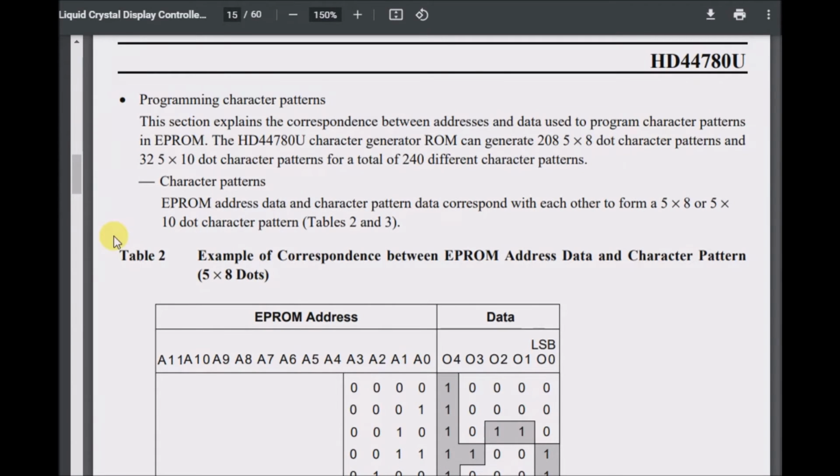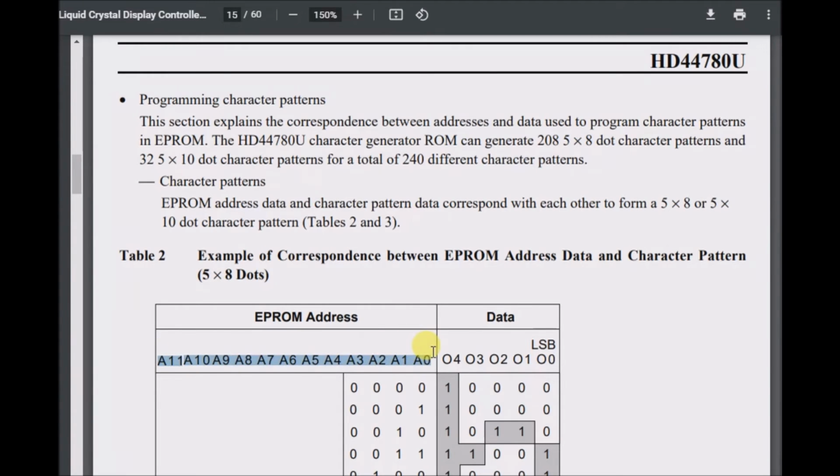EEPROM address, data, and character pattern data correspond with each other to form a 5x8 or 5x10 dot character pattern. Table 2 and 3. Example of correspondence between EEPROM address data and character pattern, 5x8 dots EEPROM.